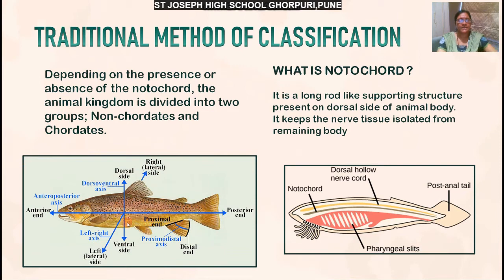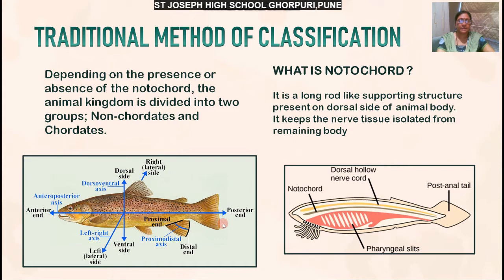You can see the diagram of a fish and the blue colored arrows. Now, the part of the fish which faces the sky is called the dorsal side. The lower part of the fish which faces the earth, the ground, is called the ventral side. Then the front part of the organism is called the anterior end.